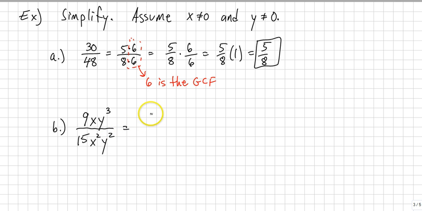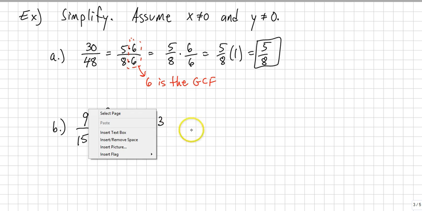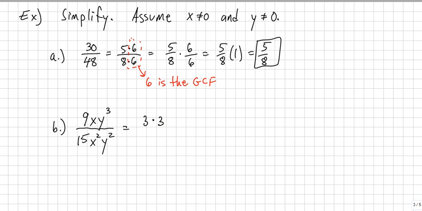So 9 we could write as 3 times 3. Let's do it this way. So the greatest common factor we said would be 3. So 3 is the greatest common factor of 9 and 15. And then for x, this has 1 x, this has 2 x's.